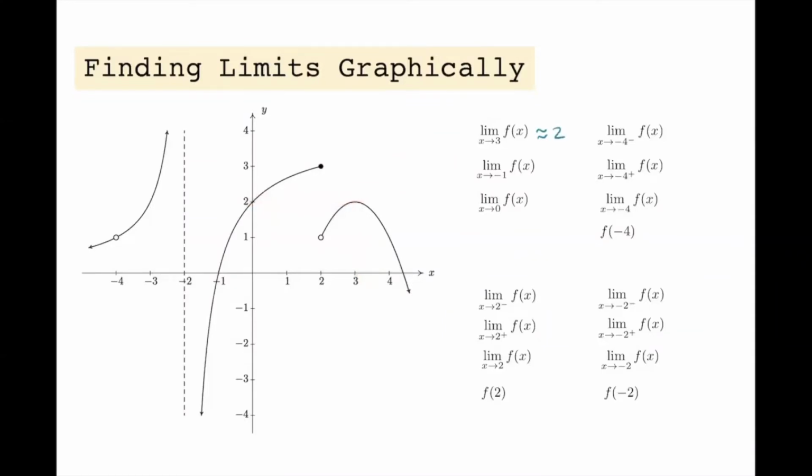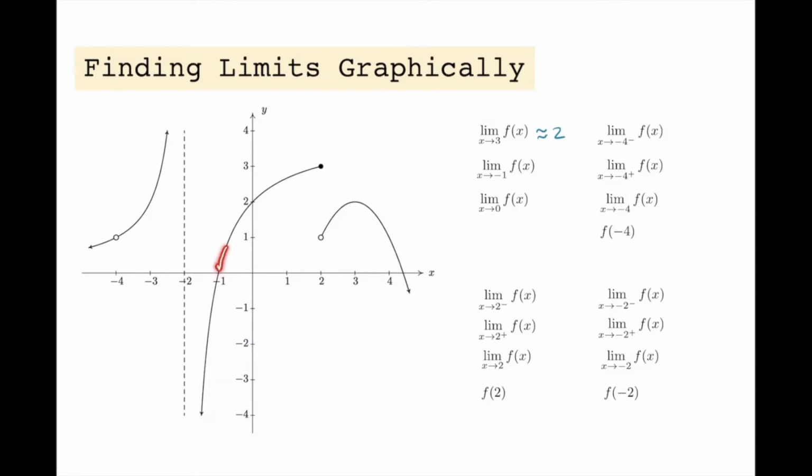Below that, we have the limit as x approaches -1. This is also a two-sided limit. If we locate -1 on the x-axis, there's also nothing strange going on in the graph at x equals -1. This is the point on the graph right there. There's no holes, there's no jumps, there's no vertical asymptotes. And when that's the case, the limit is just the point.